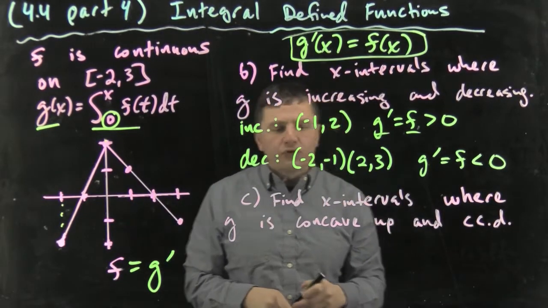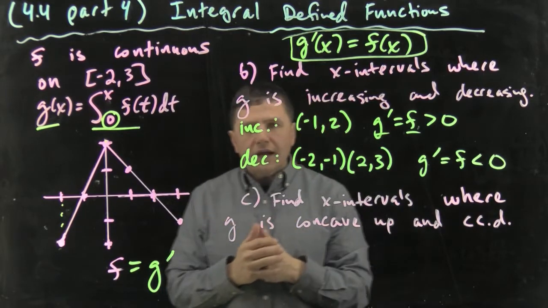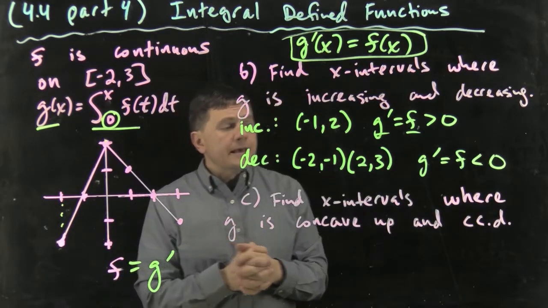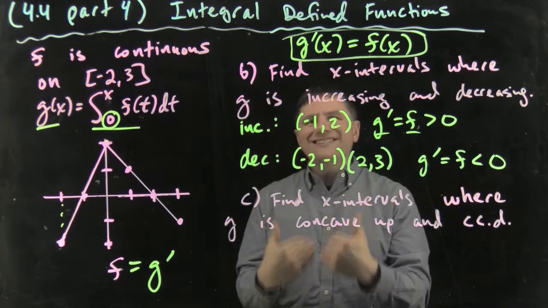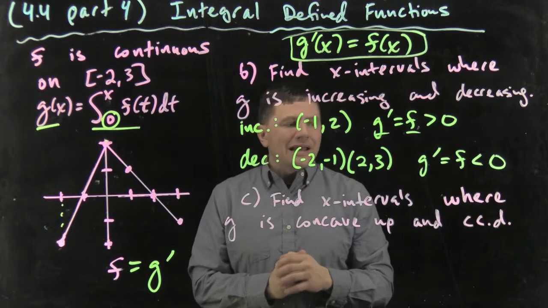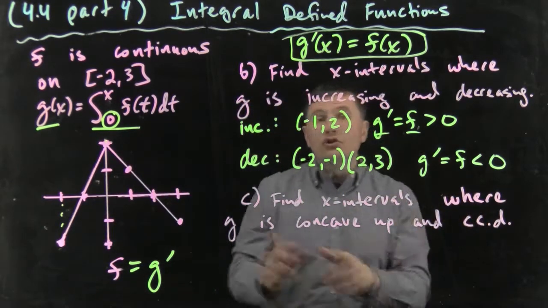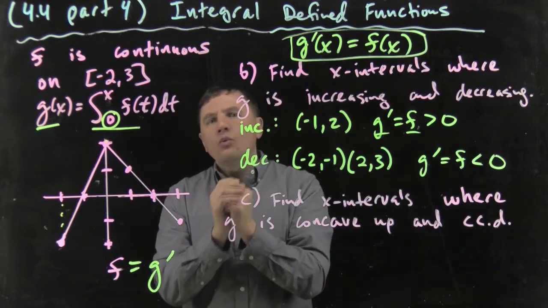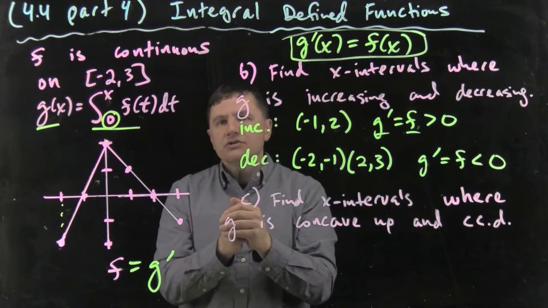Okay, find x intervals where g is concave up and concave down. So we have to keep this straight again. It's been a little while since we talked about this. So how do we know that g is concave up or down? We look at its double derivative, g double prime. Now what we have access to is g prime. So g double prime is the derivative of that, okay? So the derivative of a function tells me whether it's increasing or decreasing.